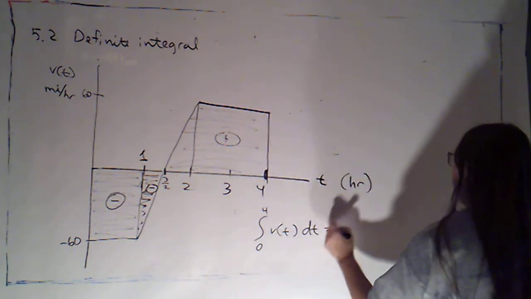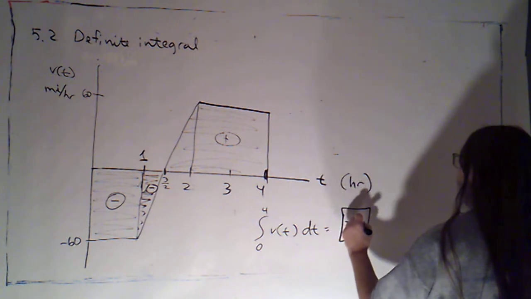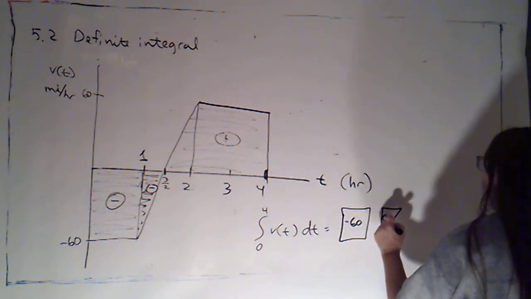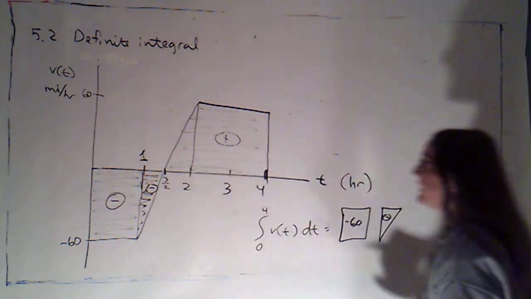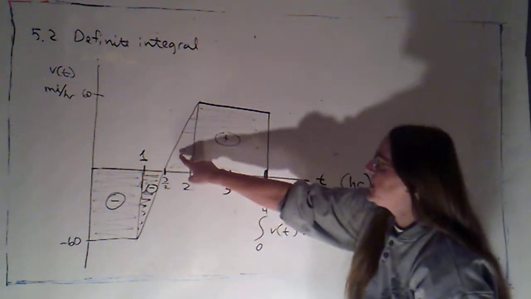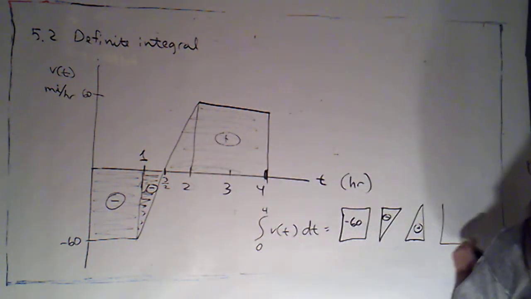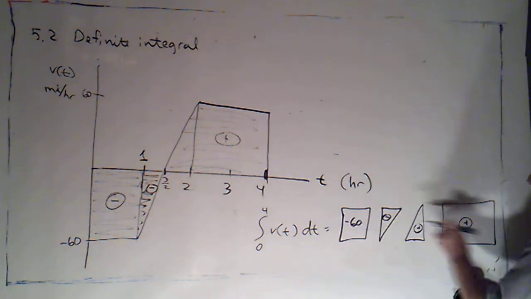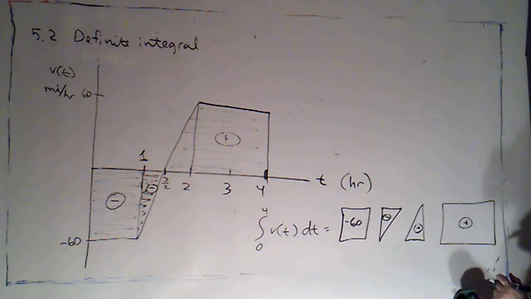I can say that's going to be this one, which was negative 60, and then this one, which will also be negative, and then this one, which will be positive, and then this one, which will be positive. So I've got 2 rectangles and 2 triangles.